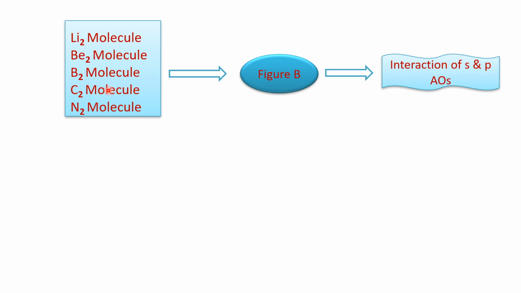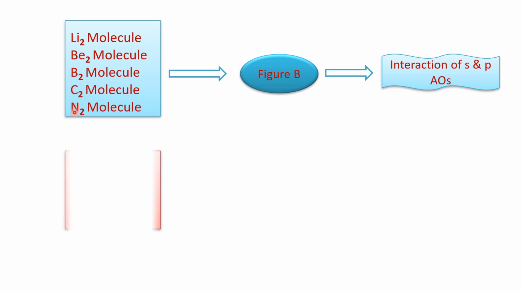So when there is an interaction of s and p atomic orbitals, we always follow figure B, the second figure, for the lithium, beryllium, boron, carbon, and nitrogen molecules.